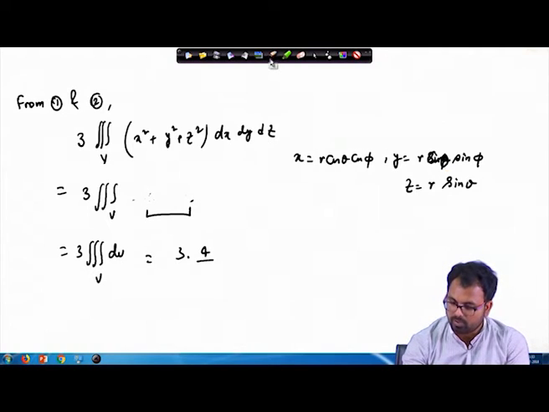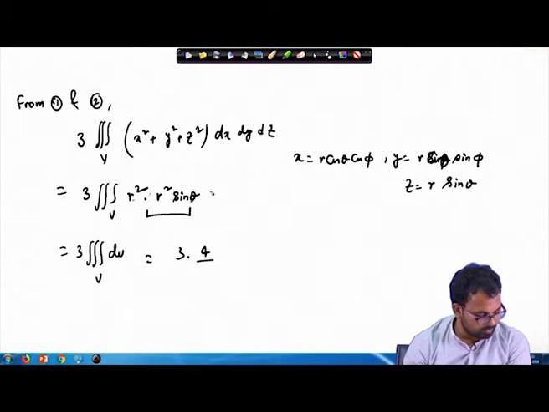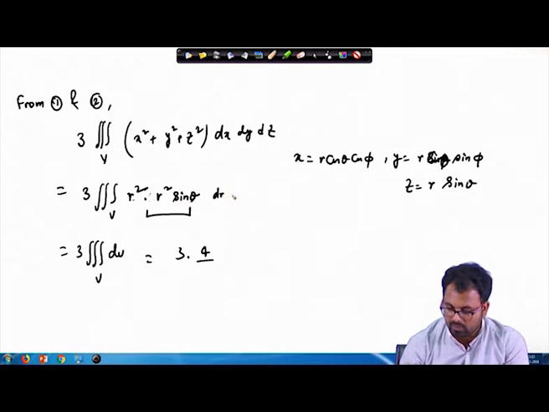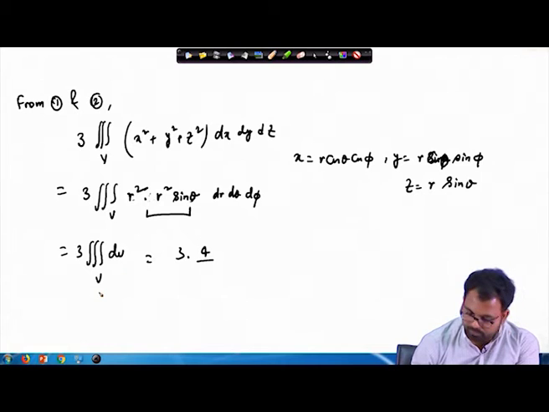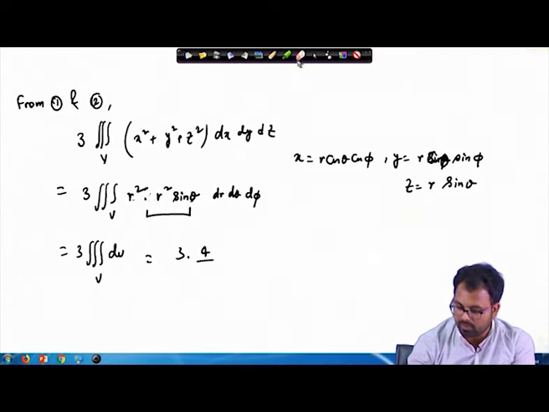So, if I substitute all these values here, then in that case this will be r square times r square sin theta, and then we will have dr d theta d phi. All right. So, now for this v, what we can do is we can write the range.